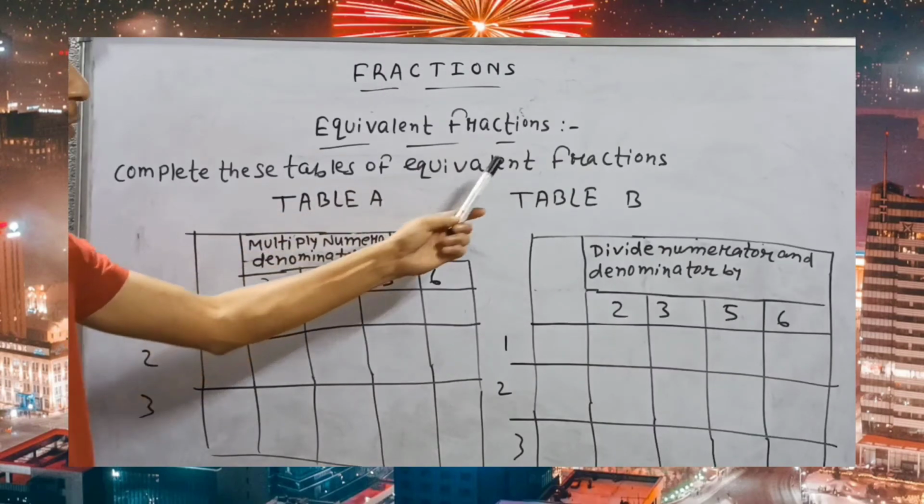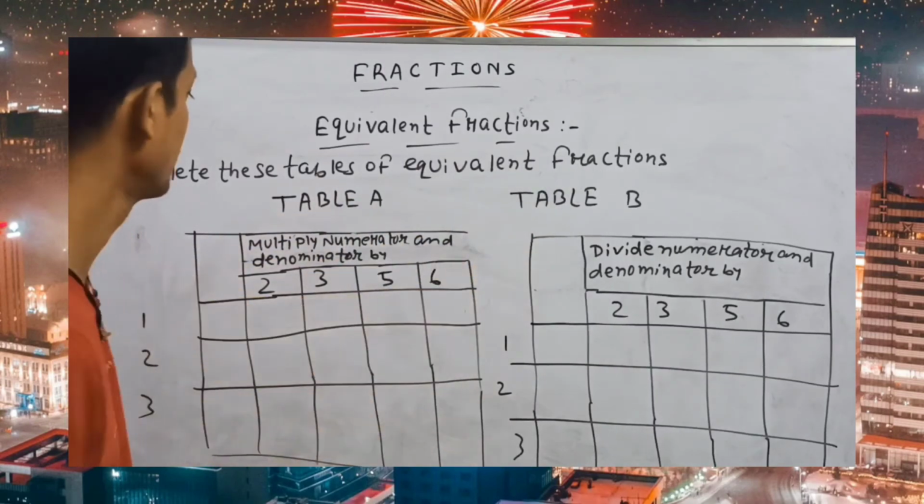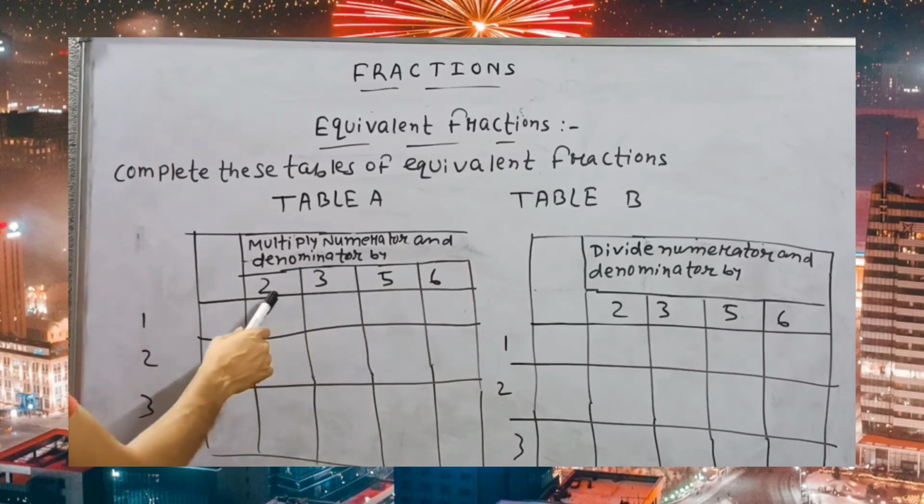Complete these tables of equivalent fractions, table A, table B. Multiply numerator and denominator by 2, 3, 5 and 6.